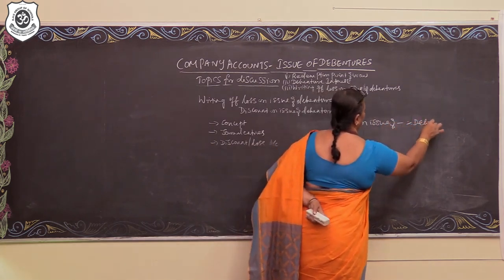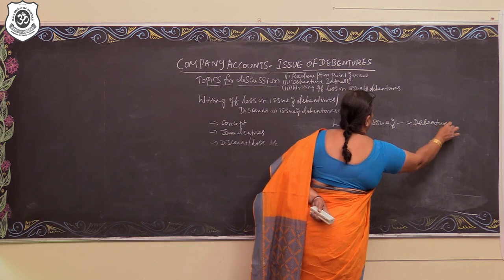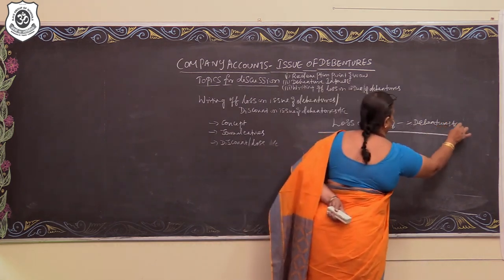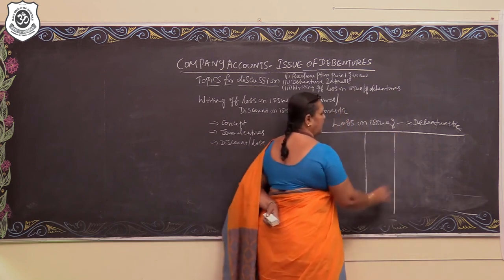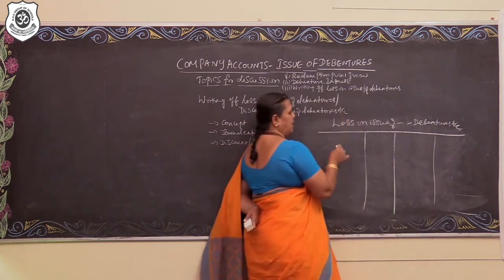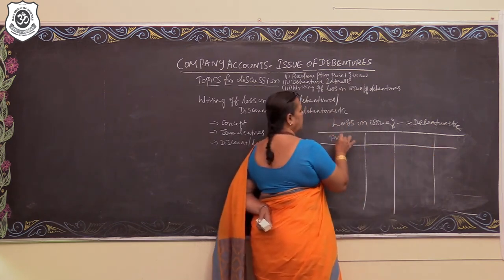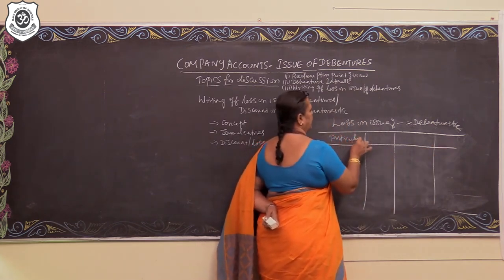There we had one debit and one credit. Here we will have 2 debits and 1 credit.